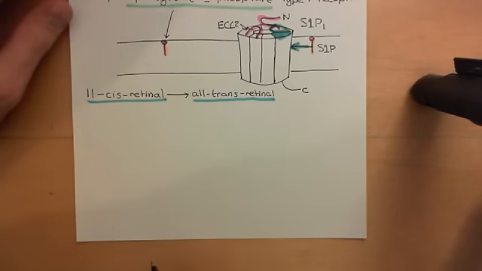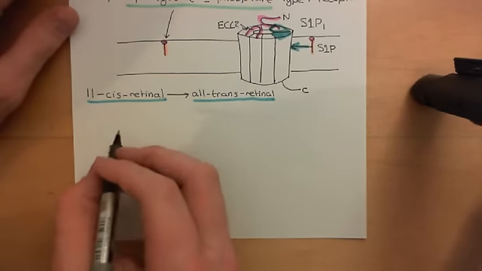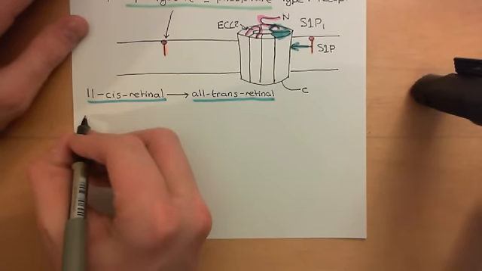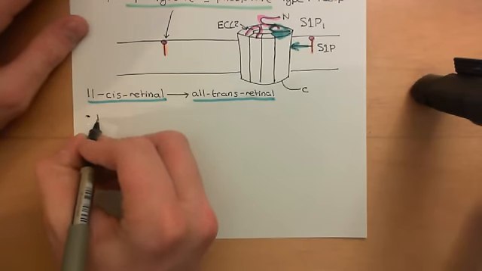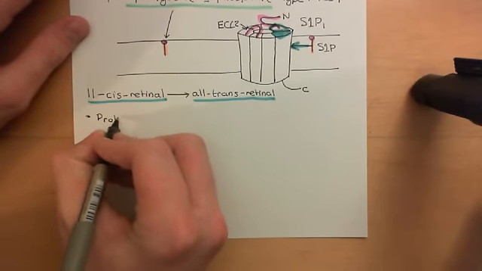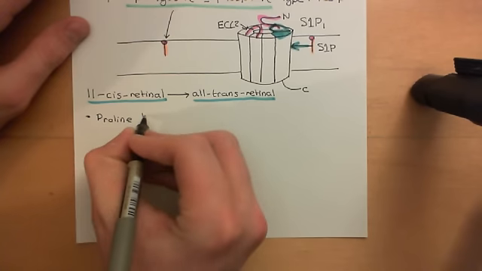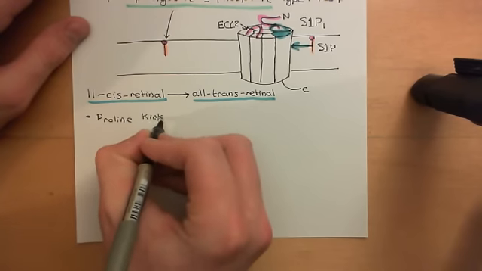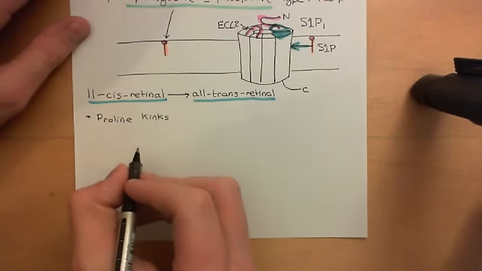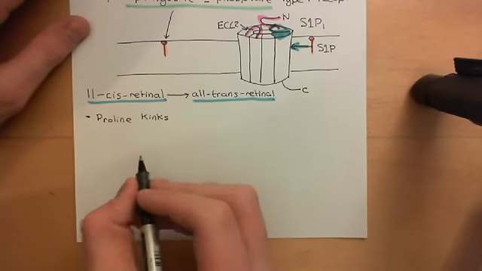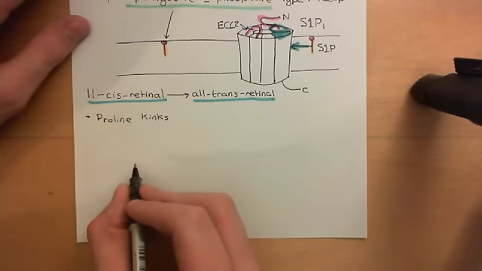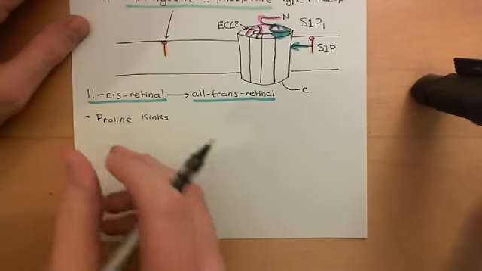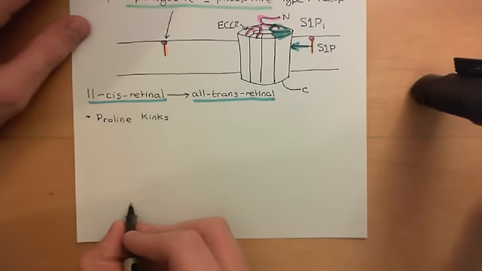Okay, so let's start off by talking about proline kinks then. Proline kinks in membrane-spanning alpha helices. This is when the membrane-spanning alpha helix has a proline present within it, and this causes the membrane-spanning alpha helix to kink.